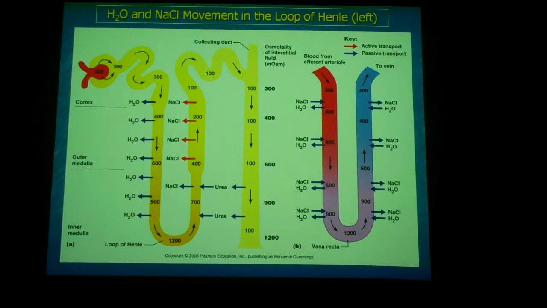All right. So as we go down, we have both water and solute movement happening. But the movement of solute is dominant. And that's why the number is increasing. All right.